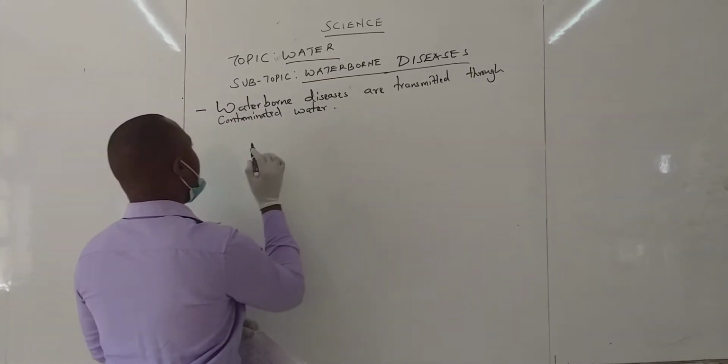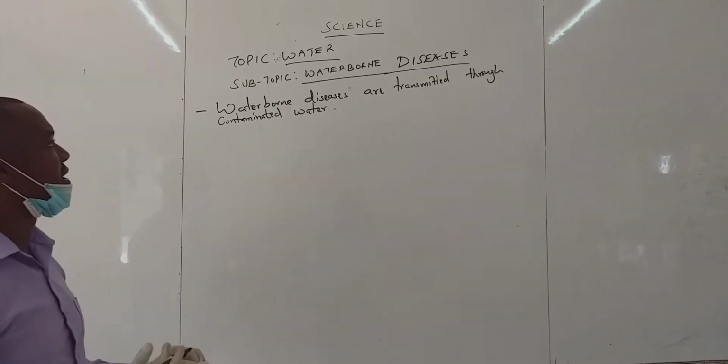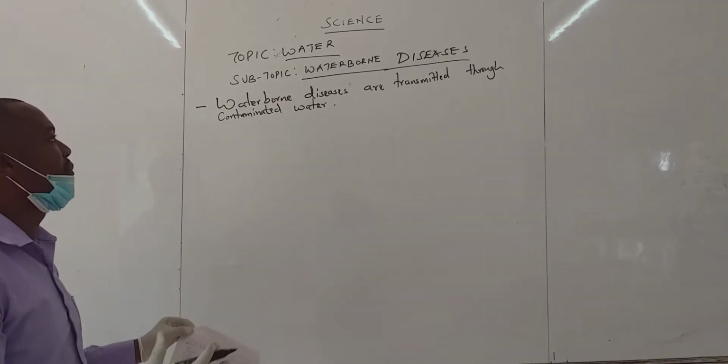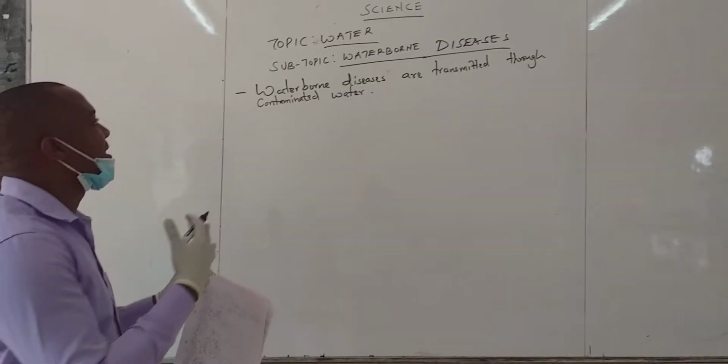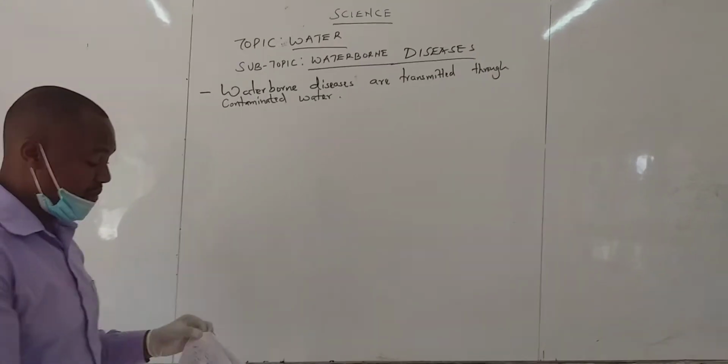So, if someone asks you what waterborne diseases are, just give this person a very simple meaning. These are diseases that are transmitted through contaminated water.